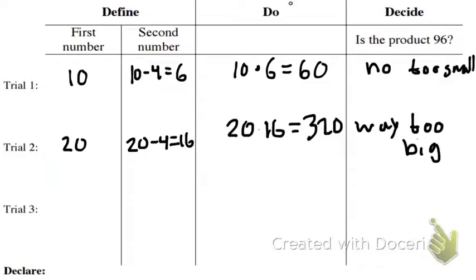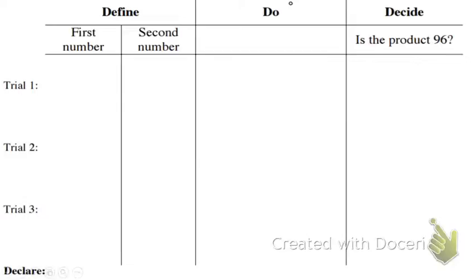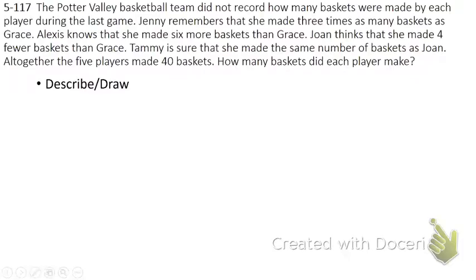Alright, so now that I've gotten you started on this one, I want you now to try trial 3, trial 4, as many trials as you need to find out what is this exact number. Make sure as you finish, you are writing down your declaration. What are the two numbers? The first number is this, the second number is this.